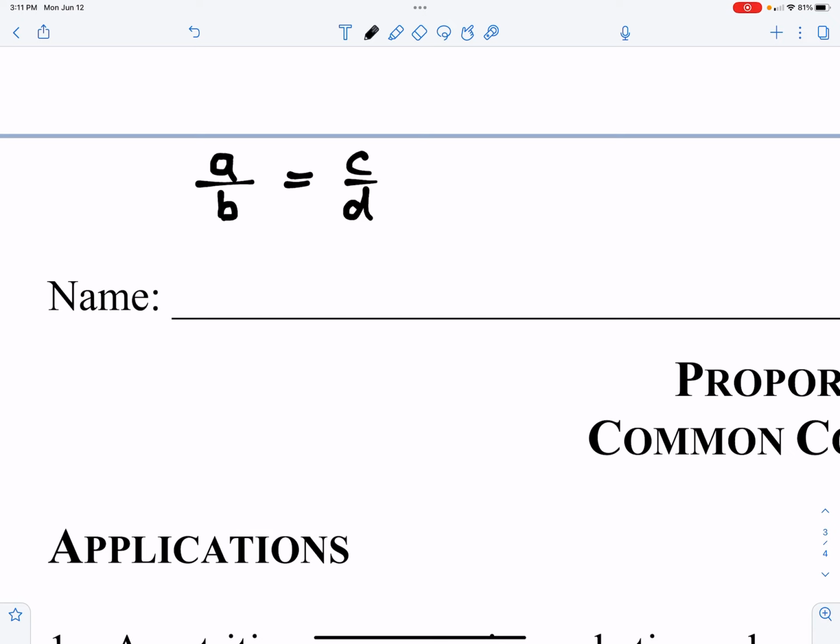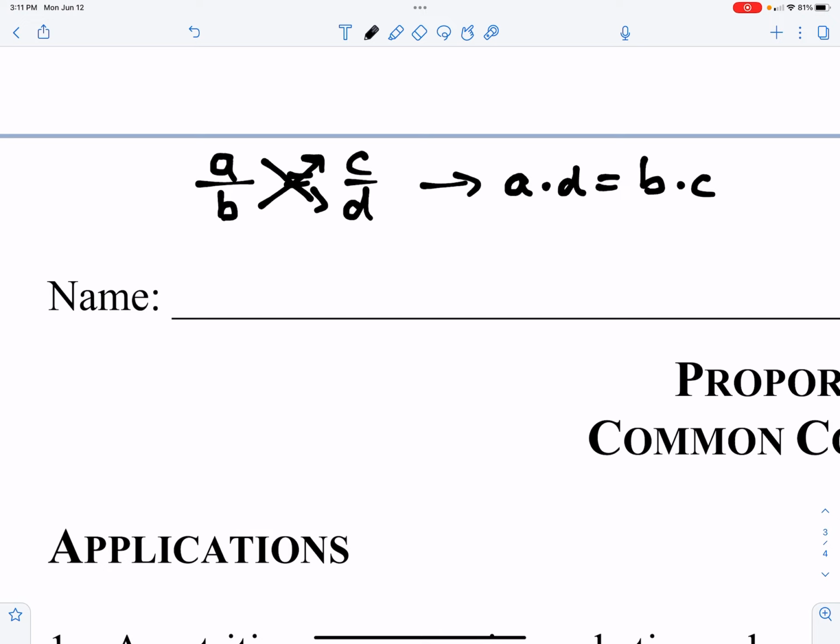If we want to solve a proportion, we first multiply across, and we would get A times D equals B times C. More on the mathematics behind this a little later, after we develop our proportion.